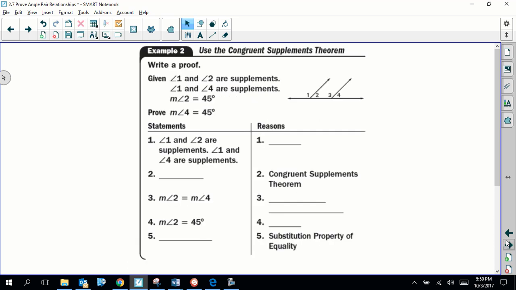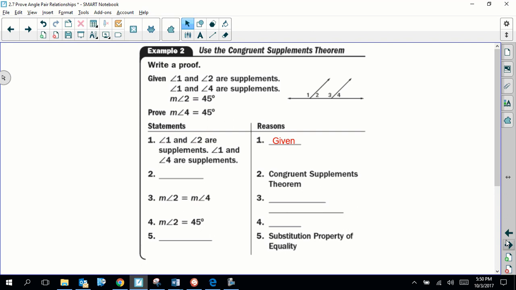Now let's take a look at how we're going to use the idea of supplementary angles and some given information to prove, in this case, that the measurement of angle 4 has to be 45 degrees. Well, again, as with most two-column proofs, the first statement that I'm going to have is going to be something that I'm given. So angle 1 and angle 2 are supplements, angle 1 and angle 4 are supplements. The reason I'm saying that is because it was given to me.